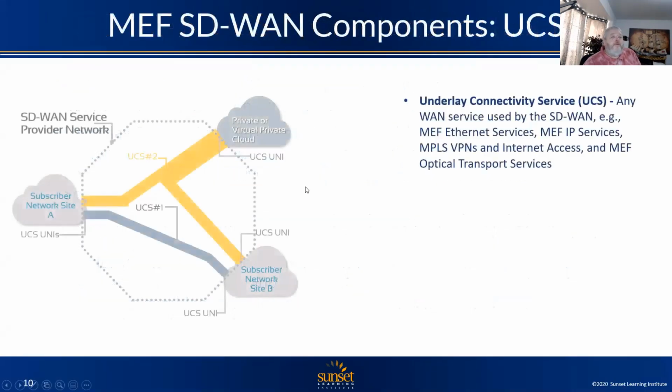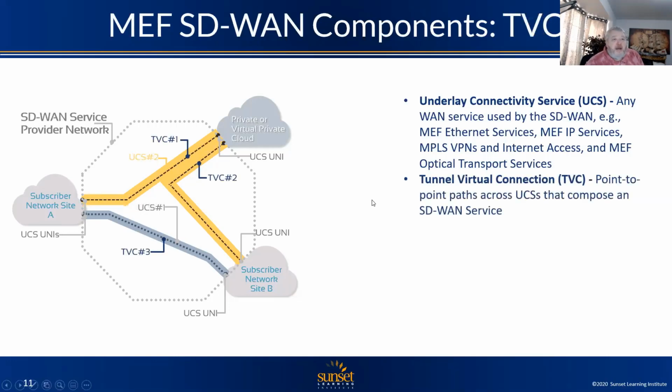All right, so real quickly, SD-WAN components. I just wanted to go through these slides very quickly for you. So we have the thing called the UCS, the underlay connectivity services. You can see here, it could be all kinds of different services, IP services, VPNs, internet access, optical services, but that provides the underlay that everything is going to go across from one site to another across the SD-WAN.